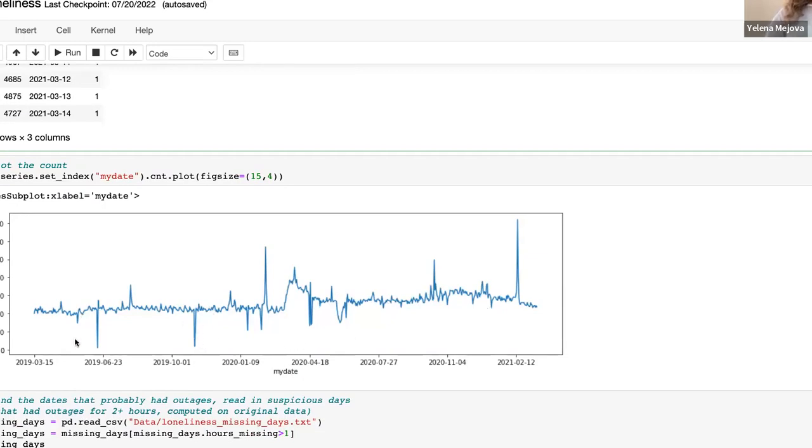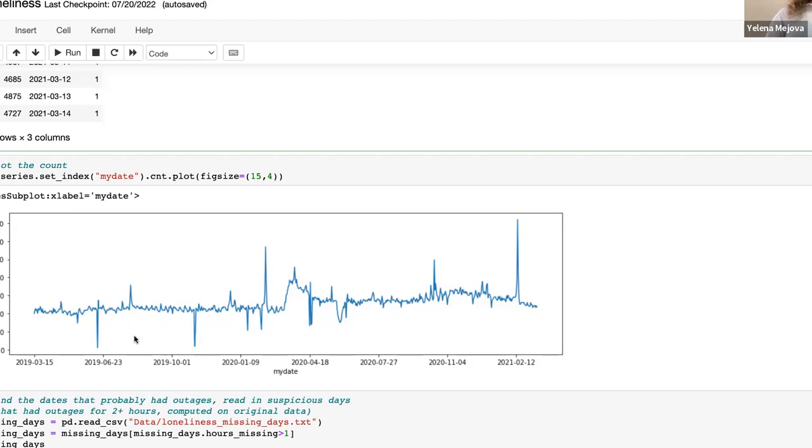What do you think these downward things are? What happened here? When I got very few things. There is COVID starting here, but this is before COVID.